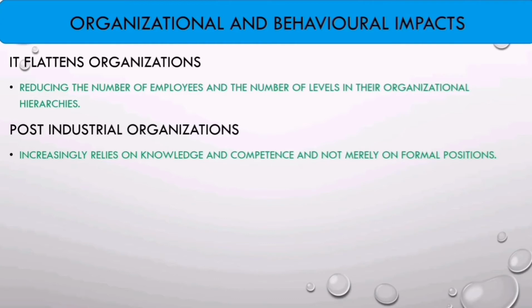By reducing the number of employees and the number of levels in the organizational hierarchy, behavioral researchers have theorized that information technology facilitates flattening of hierarchy by broadening the distribution of information to empower lower-level employees and increase management efficiency.